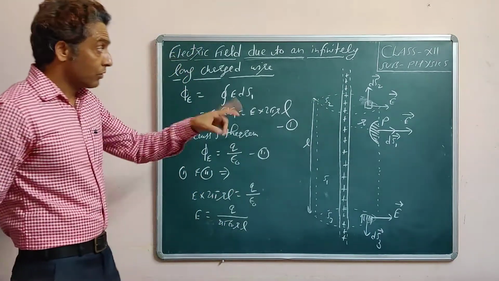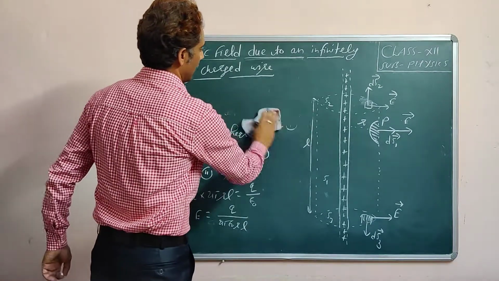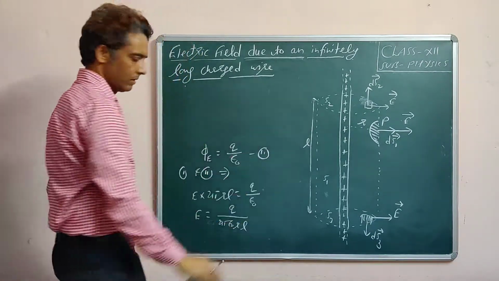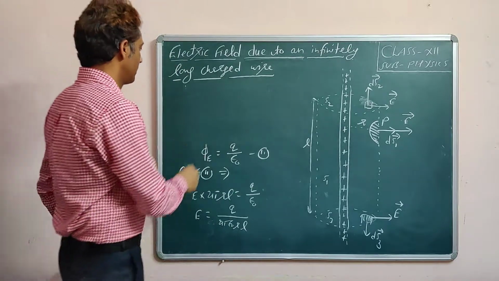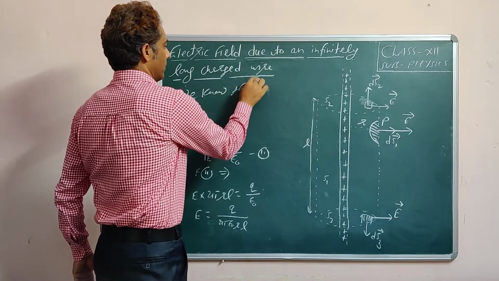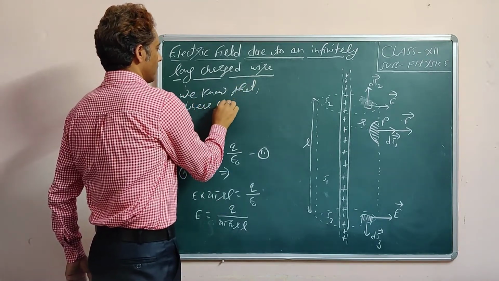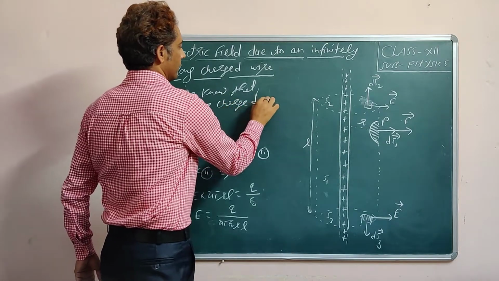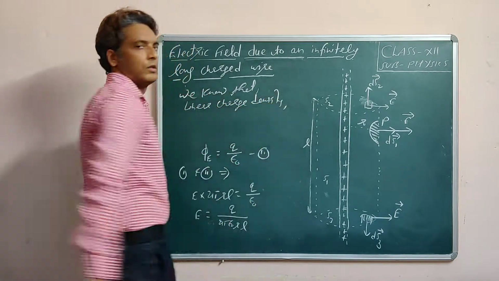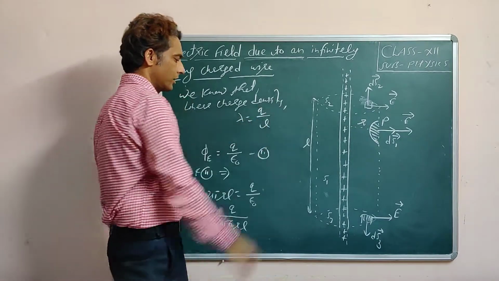We can write it in terms of linear charge density. We know that the linear charge density lambda is equal to charge per unit length.